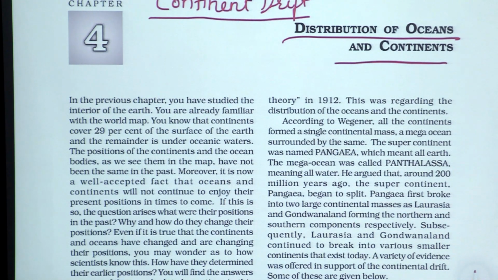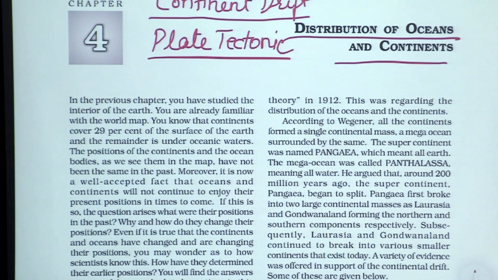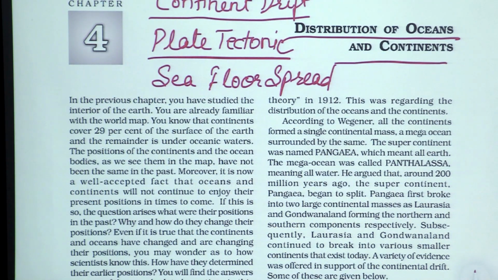The second thing that we'll be learning here is plate tectonic theory. And in continuity, we'll also be learning seafloor spreading. There are certain attachments that go with each one of them, and these attachments we will learn one by one.